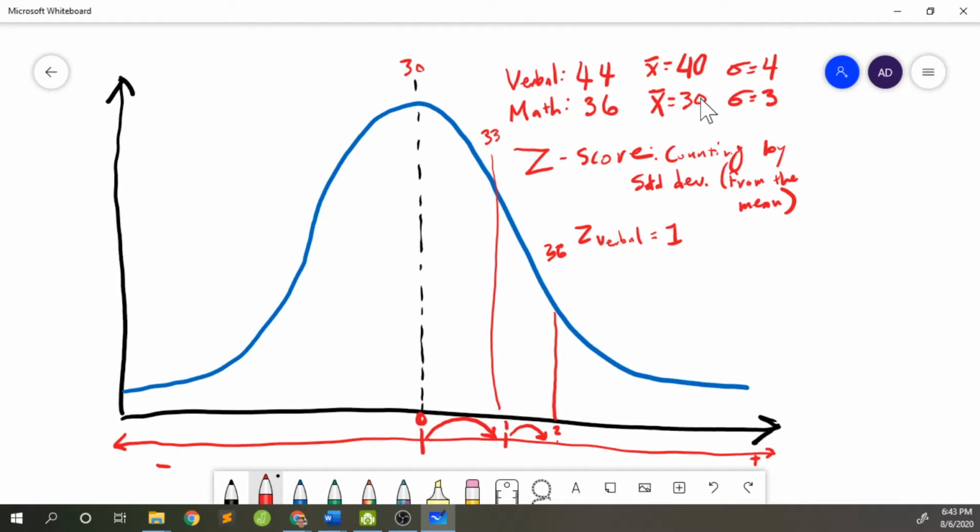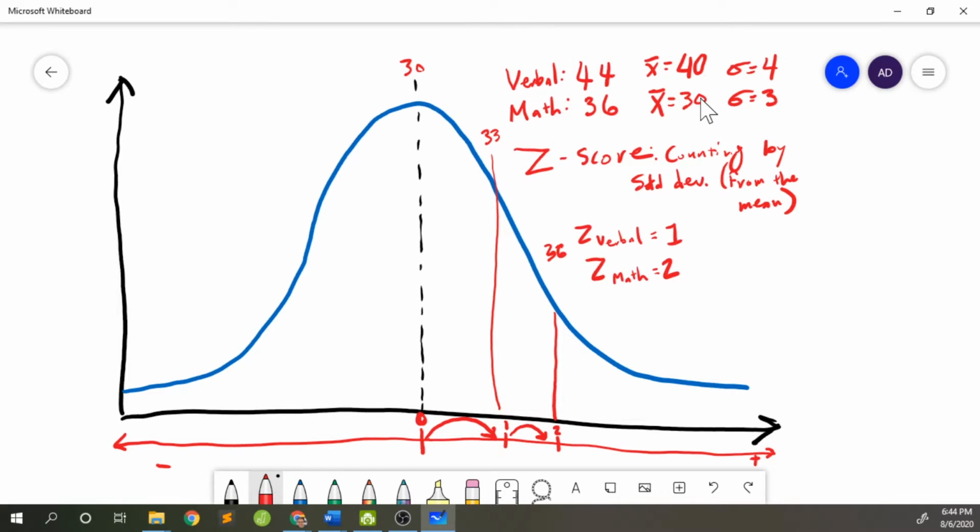So 2. And that's our score. So we can stop counting there. So we are 2 standard deviations above the mean. So our z math equals 2.